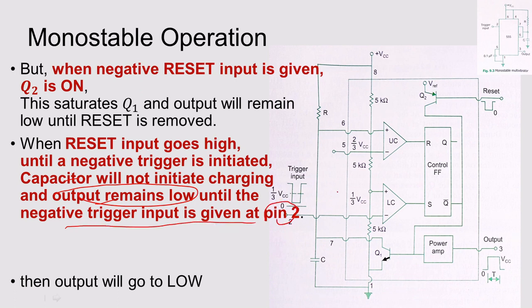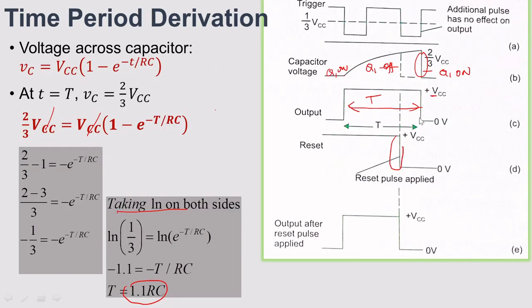Here, when you apply the reset pulse, the transistor Q1 is connected with logic 1, so it discharges immediately through the external capacitor, and it remains in the 0 state until you give the next trigger. When you give the next trigger, you will get the monostable state, and otherwise it will remain in the 0 state only.